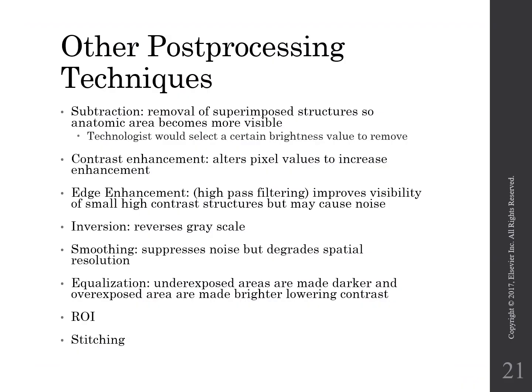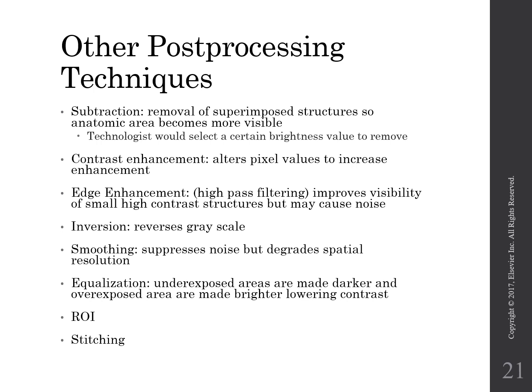Other post-processing techniques that you're probably going to use less commonly would be subtraction. We're going to get into this more when we talk about cardiac imaging or an interventional procedure. But basically the idea is that it's the removal of superimposed structures so the anatomic area can become more visible.